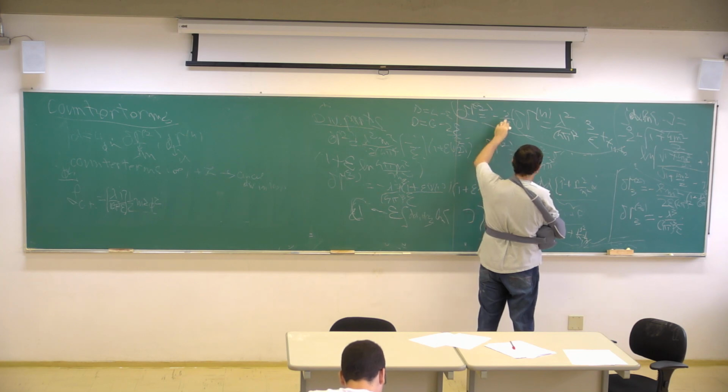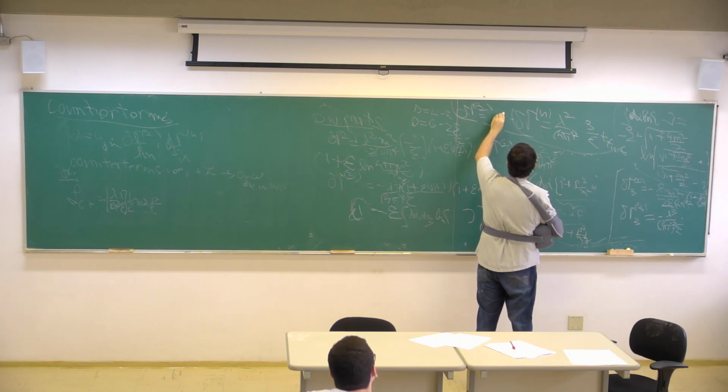This was supposed to be lambda over 16 pi squared, 1 over epsilon.